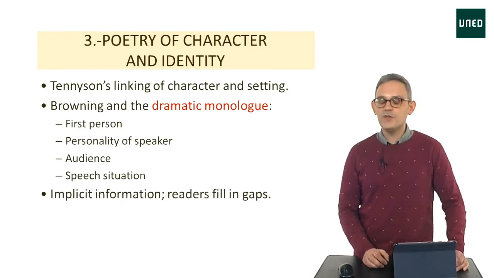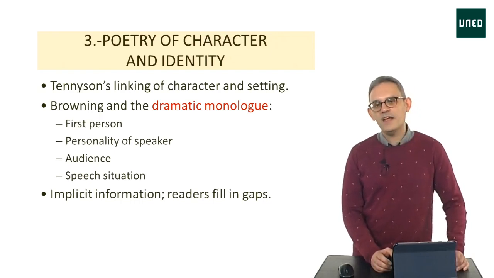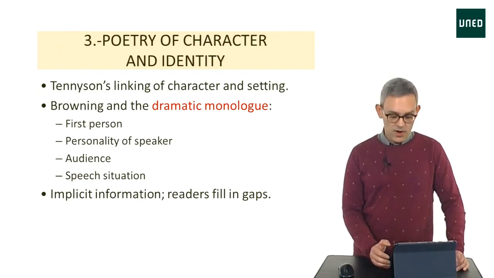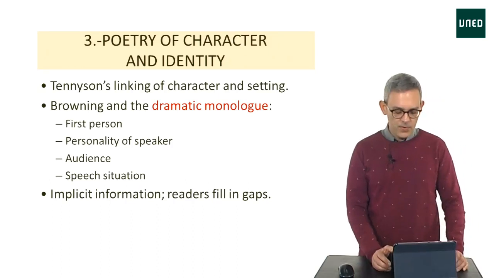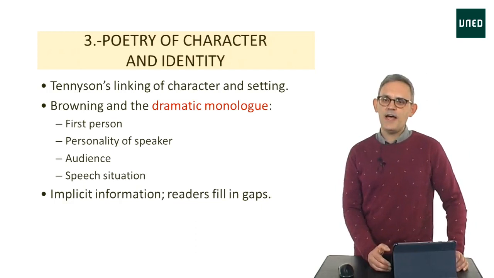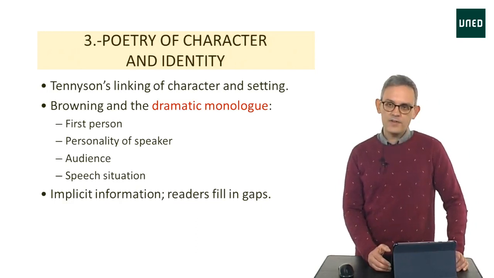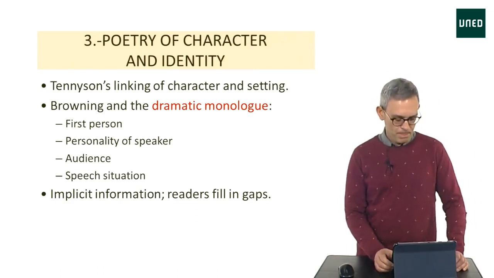Here, the Duke tells his guest how his wife used to smile at other men, and then declares, "This grew; I gave commands. Then all smiles stopped together." These lines from the poem, apart from characterizing the Duke as jealous and aggressive, allow readers to deduce what might have happened, what the Duke might have done to his wife.